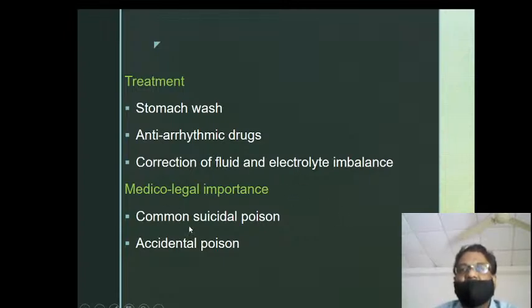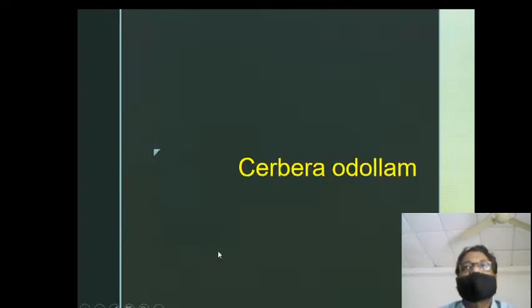Coming to the medico-legal importance, it is a common suicidal poison, and sometimes it can be an accidental poison. Another important poison is Cerbera odollam. Cerbera odollam, Cerbera thevetia, mostly observed in South India, very rare in North India.